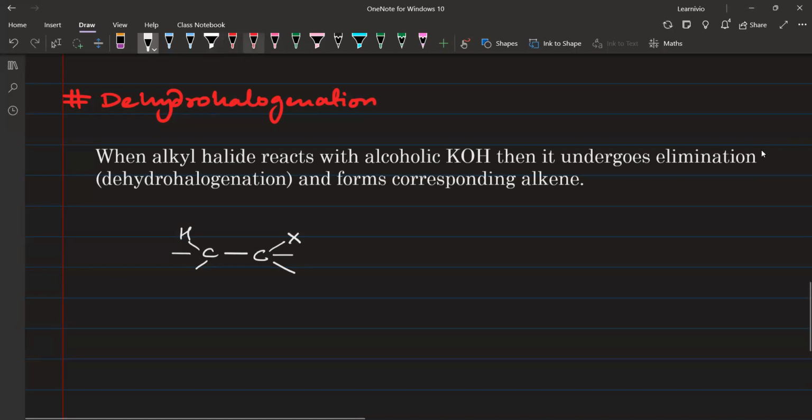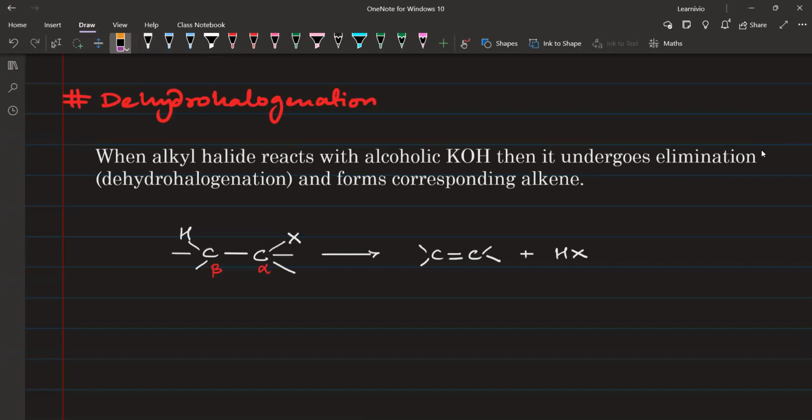The carbon which is directly connected to a halogen atom will be the alpha carbon, and the carbon adjacent to the alpha carbon will be the beta carbon. Now what is going to happen here? You are going to remove halogen from the alpha and hydrogen from the beta. So you will have carbon, the 2 bonds as they are, the unreacted part as it is, carbon double bond carbon, plus you will get HX. ठीक है?